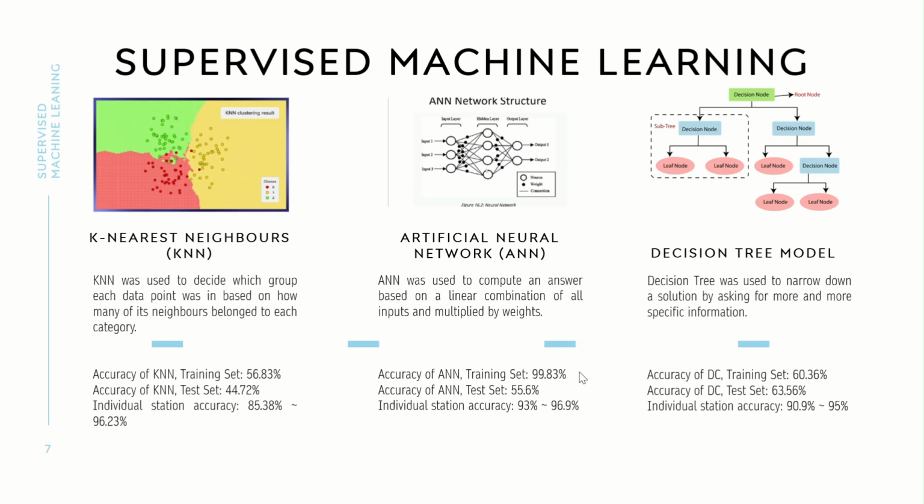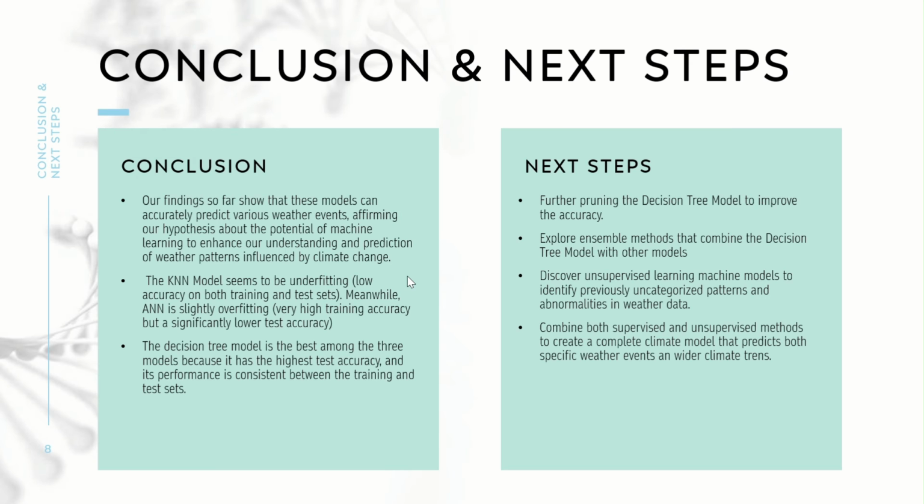Based on these findings, I now summarize the overall results and offer some recommendations. We can see that the models can accurately predict various weather events, highlighting the potential of machine learning in climate change predictions. However, the KNN model shows underfitting with low accuracy in both training and tests.